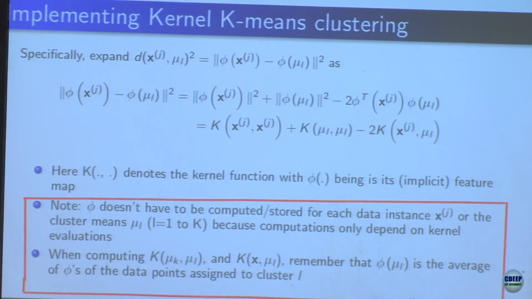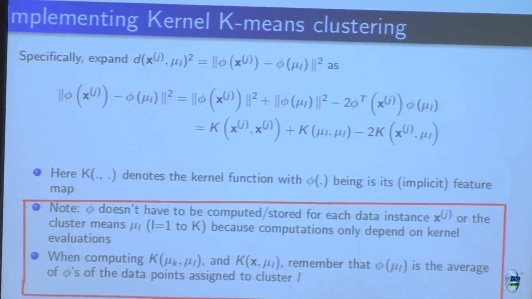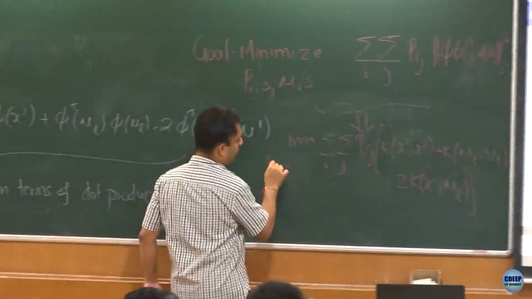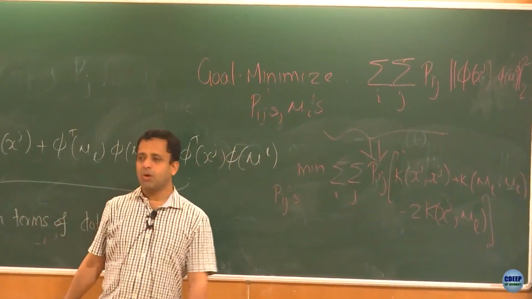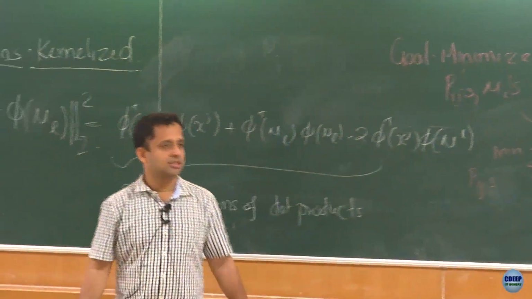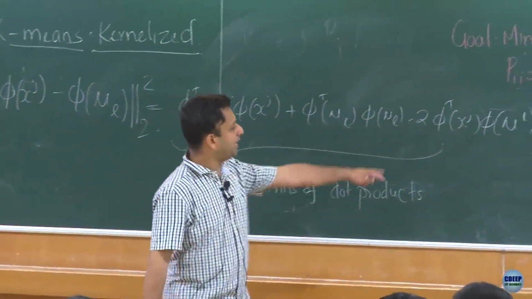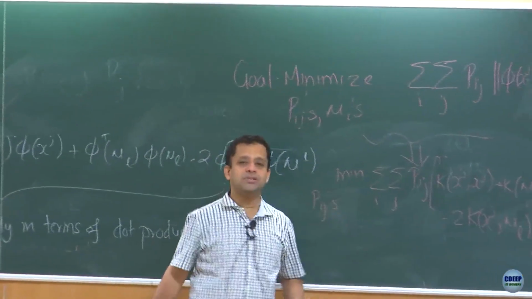What would you do then? What is it that we are trying to minimize? Now I say minimize with respect to Pij. So I certainly have Pij's to be minimized. Now what is mu l? Should I write minimize with respect to mu l as well?